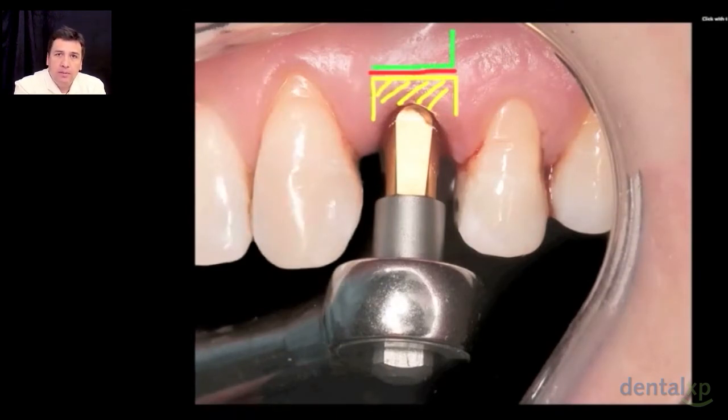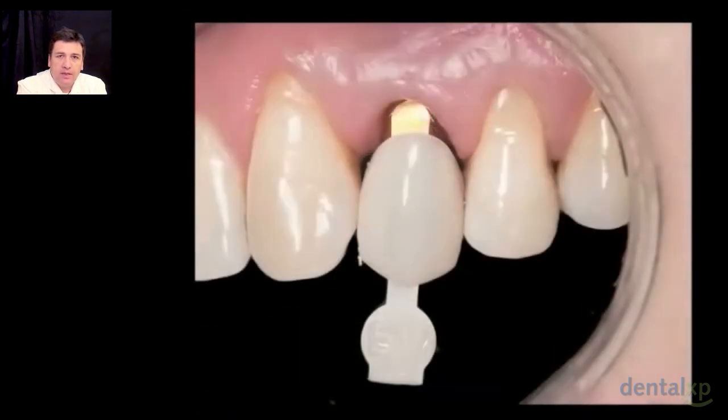In red, we have the bone, in green, we have the implant, and in yellow, of course, is the zone that will be occupied by the abutment. With those topics in mind and very clear, we are sure that we will preserve the papillae.